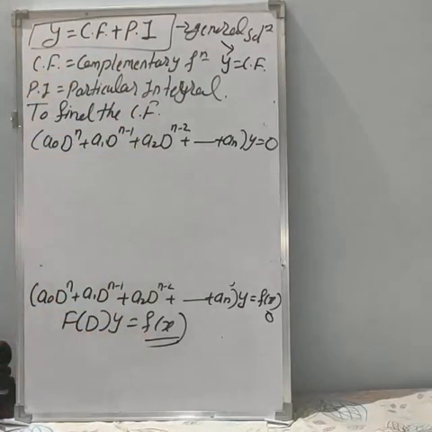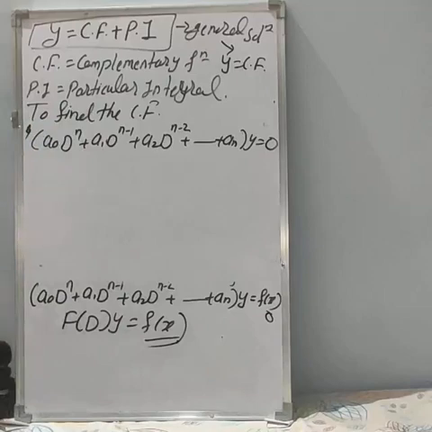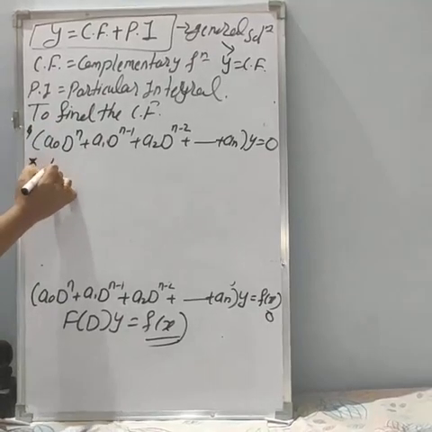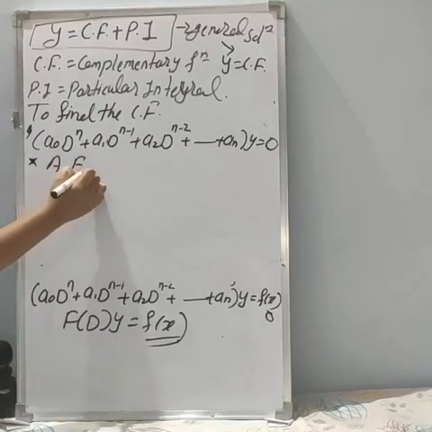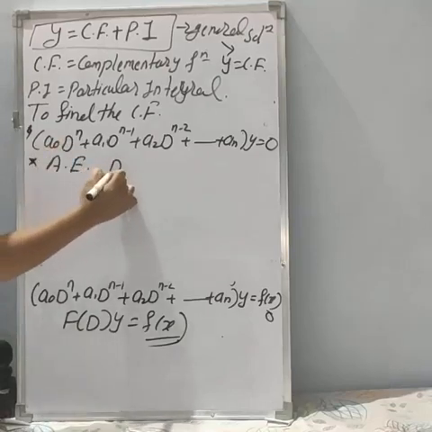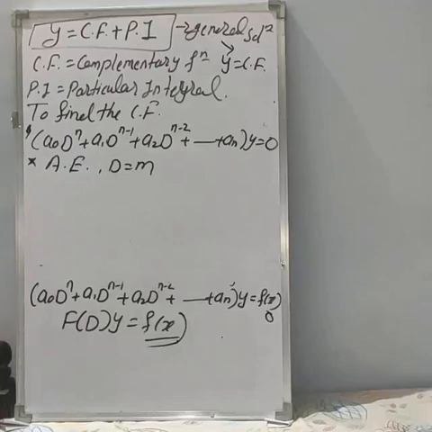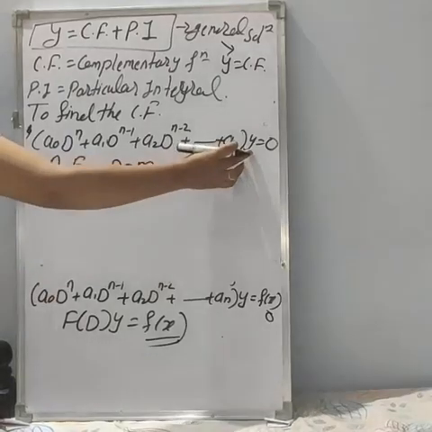Next, to find the complementary function, our first step is to equate the LHS side to 0. Then write the auxiliary equation. To write the auxiliary equation, substitute capital D is equal to small m, and don't write the y value.